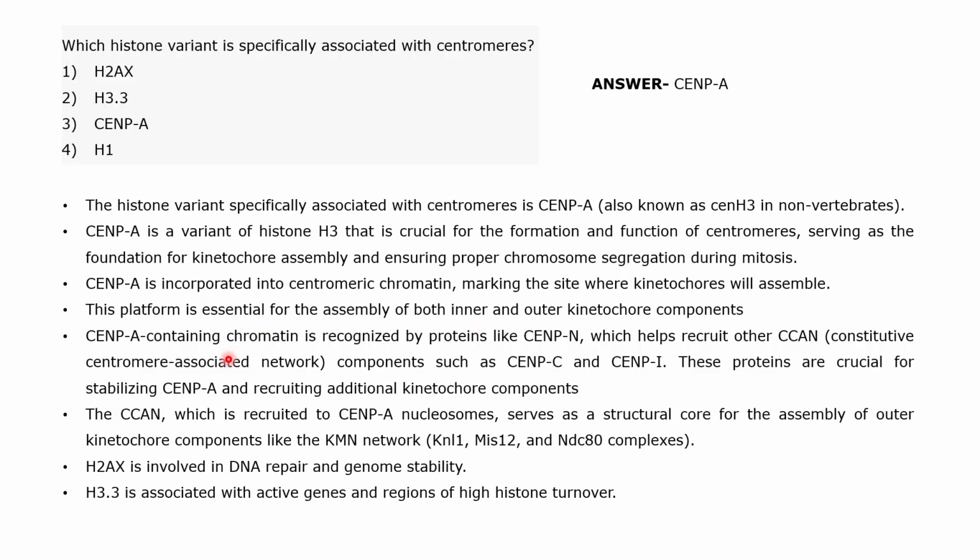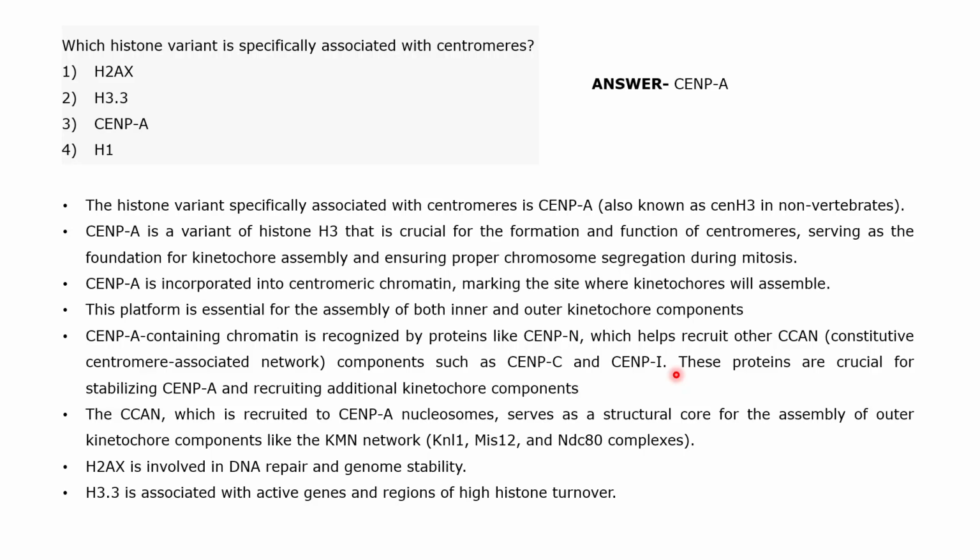Also, CENP-A containing chromatin is recognized by proteins. Other CENP proteins are also present there, including CENP-N, which recruits other constitutive centromere associated network components like CENP-C and CENP-I. These are some additional information that is given to you. If you want, you can note it down, but it is not that important.